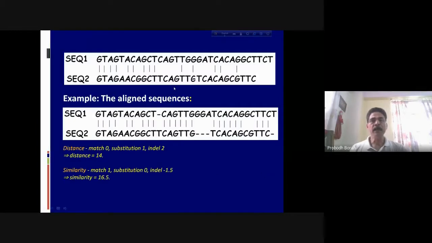Take the example of these 2 sequences, say sequence 1 and sequence 2. Say these 2 sequences are from 2 strains of the same bacteria. Let us take it like that.